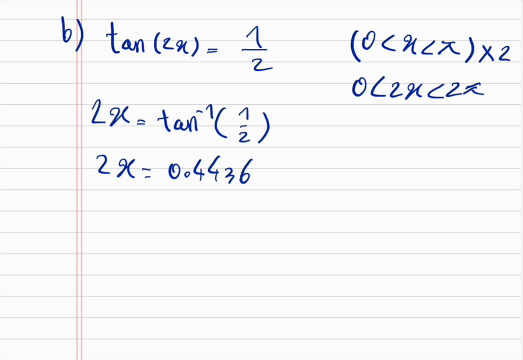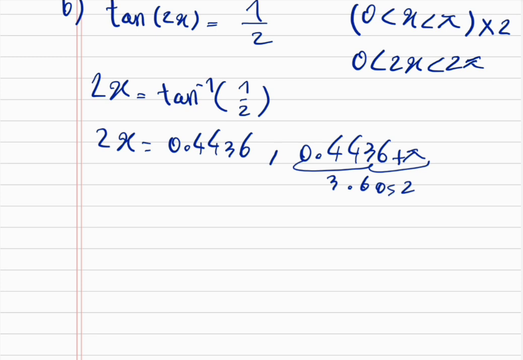When you have a tangent, the solution repeats every pi. So in order to find the second solution, you add pi to this solution. Your next solution is 0.4436 plus pi, which is equal to 3.6052. Again, these are rounded.